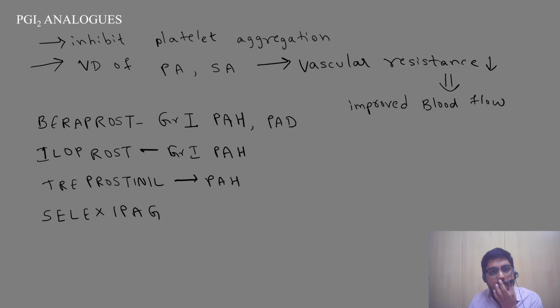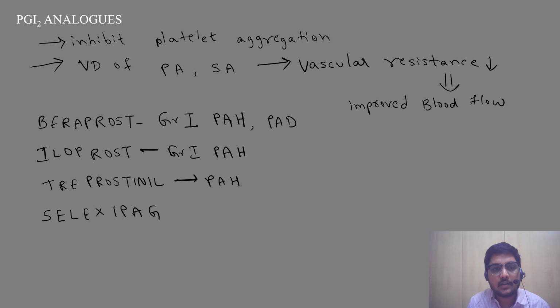How is it different from these drugs? All these drugs are analogs. They are similar in chemical structure, so they directly act on the receptor, right? Selexipag is a purely synthetic one, which is not similar in chemical structure.